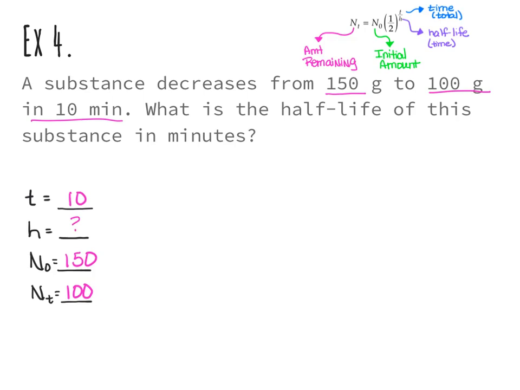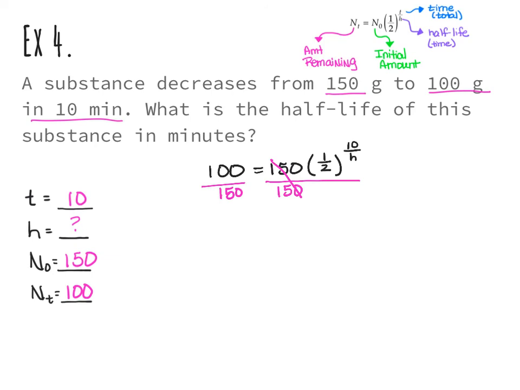So I'm going to go ahead and set up the problem now. So here's our problem set up. We have 100 equals 150 times 1/2 to the 10 divided by H exponent. So I would go ahead and isolate the exponent base as much as I can. I would divide both sides by 150 to at least get it into some simpler forms.